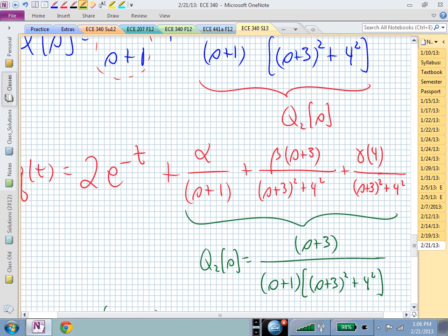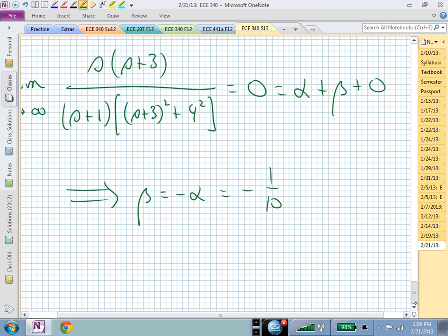Why don't we pick a convenient value for s? Minus 3. That would get rid of this guy, wouldn't it? And what else is it going to get rid of? The left-hand side. So that's going to help us a little bit.